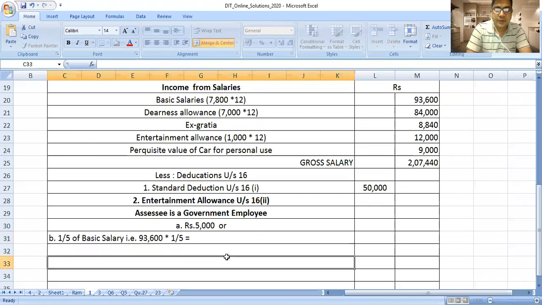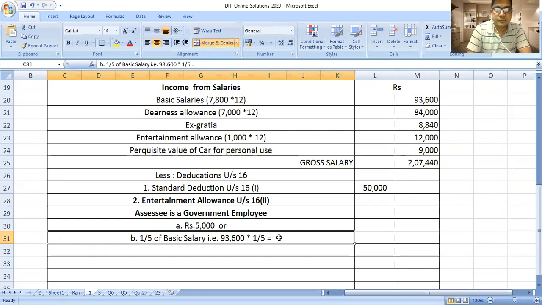Just use your calculator and find out 1/5 of the basic salary. 93,600 into 1 upon 5.